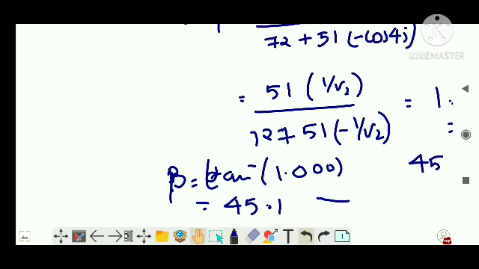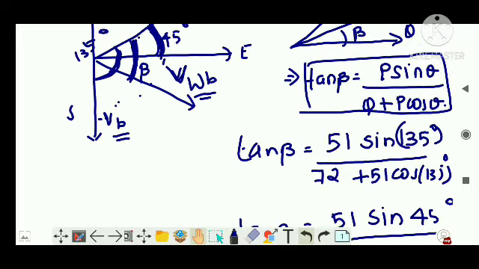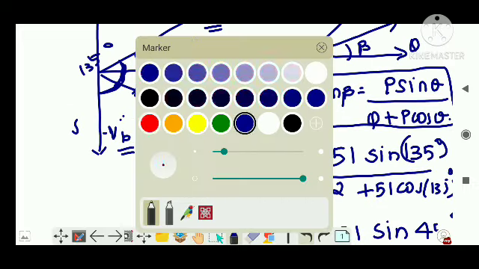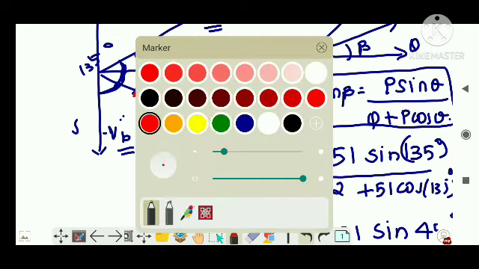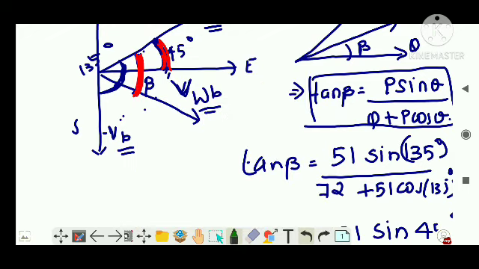Let's move on to the diagram, guys, because it is very important to understand. I have taken another color, right? This angle is what we have found, 45.1. This angle is 45, right? You are asked what is the angle made by the resultant, the wind, or actually the angle made by the flag. So you have to find this one.